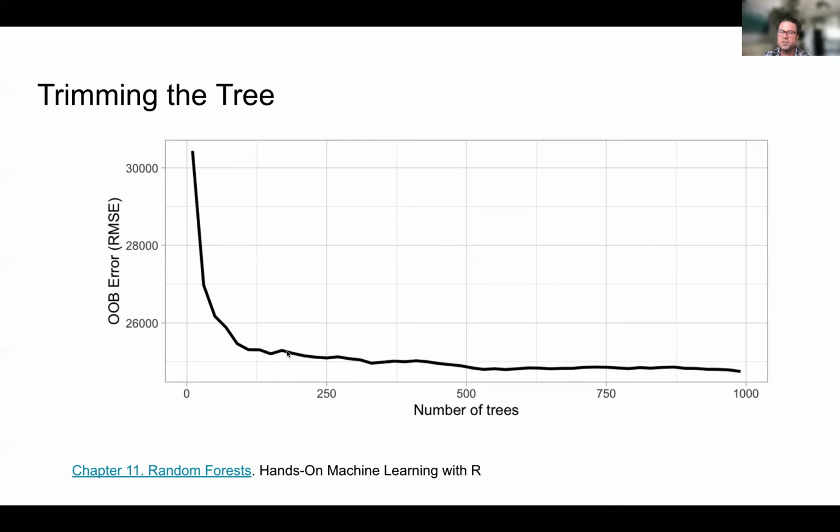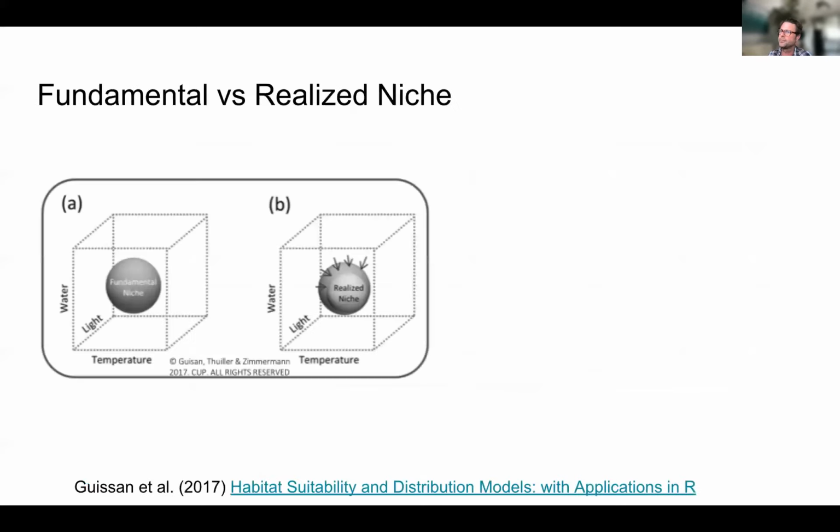And then it tapers off at some point. So you wouldn't want to unnecessarily introduce extra parameters, extra trees, if you don't have to. And it basically applies that threshold by default for you, but you can also get in the weeds with figuring out what the best spot is.